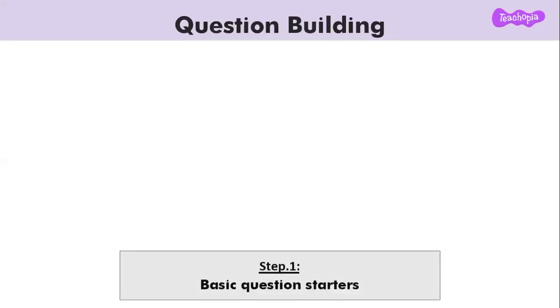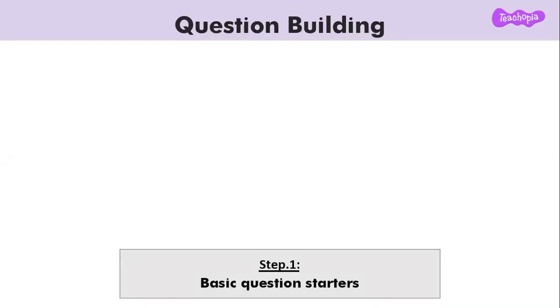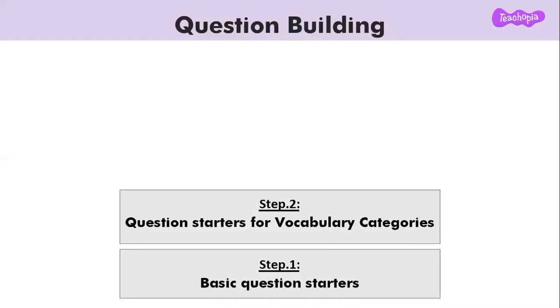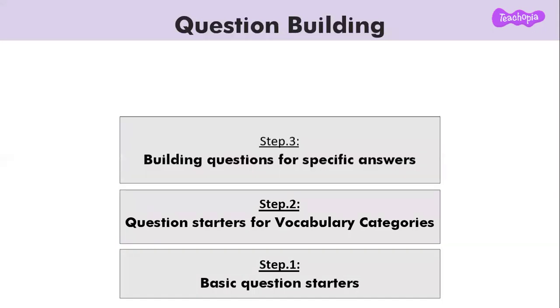Step one is learning basic question starters. Step two is using those question starters for vocabulary categories that we have already learned. And step three is building questions for specific answers.